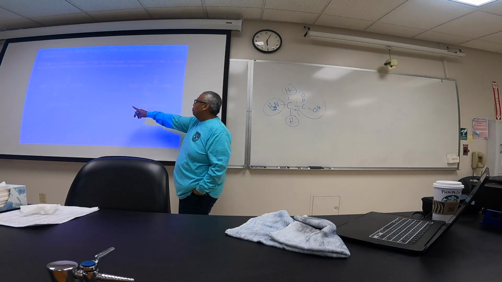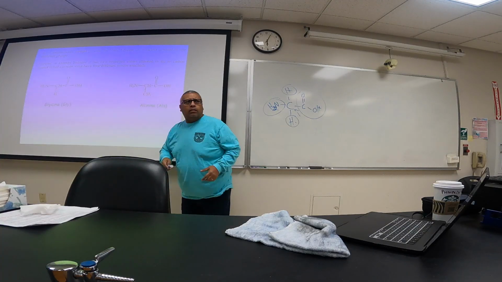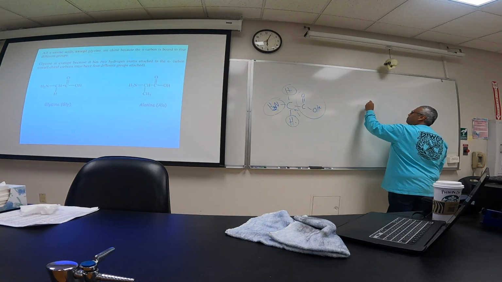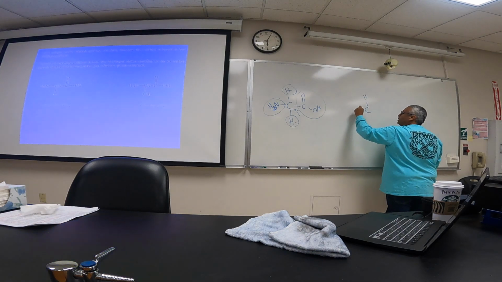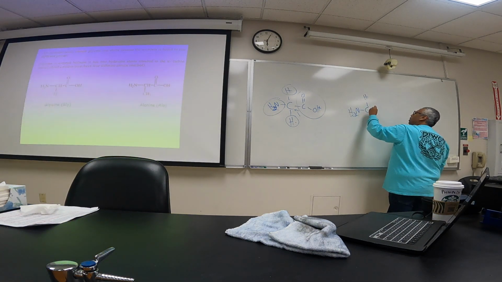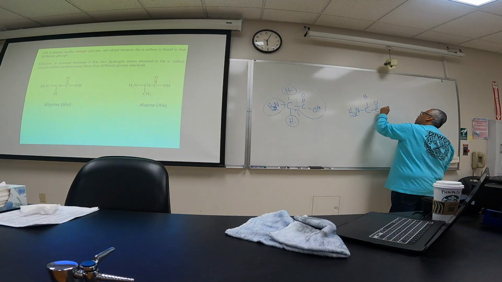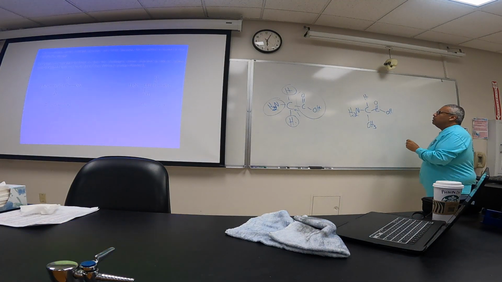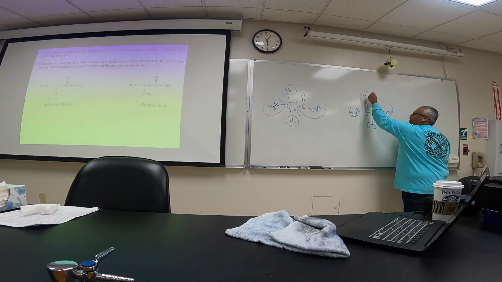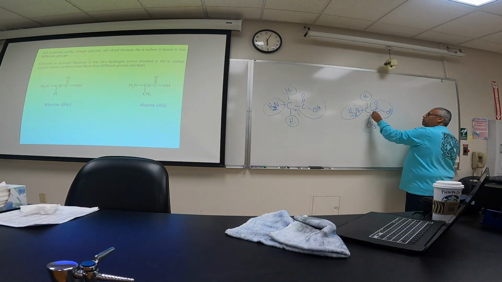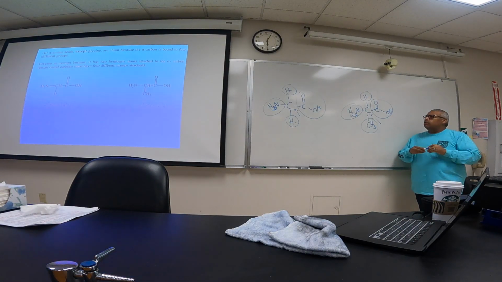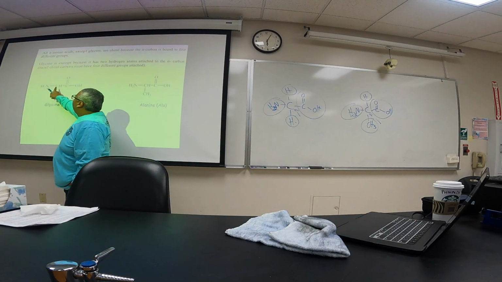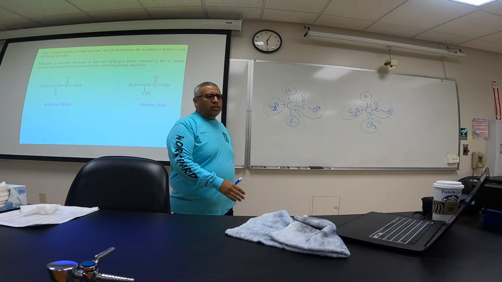If we're looking at alanine, or all of the rest of these amino acids, that alpha carbon is chiral. We have four different groups, which makes this chiral, right? So glycine is the only amino acid where the alpha carbon is not chiral.